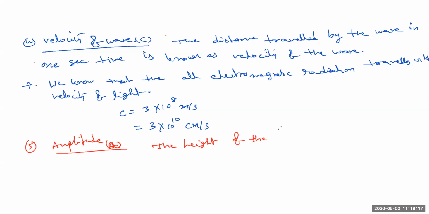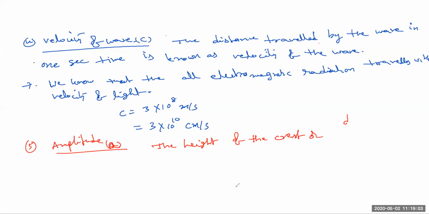The second point is velocity of light, C. We know that all electromagnetic radiations travel with the velocity of light, C equal to 3 into 10 power 8 meter per second, or 3 into 10 power 10 centimeter per second. Amplitude: the height of the crest, or depth of the trough.